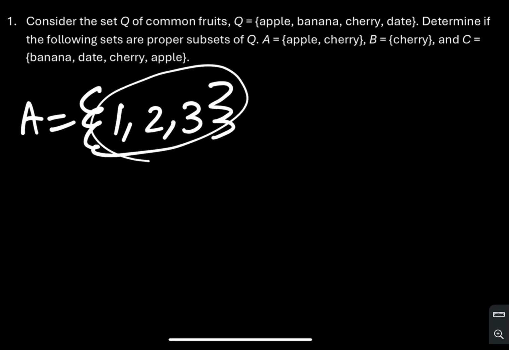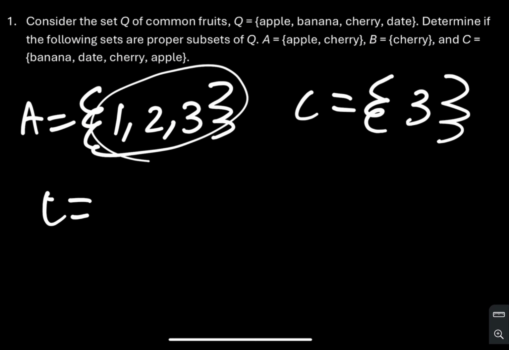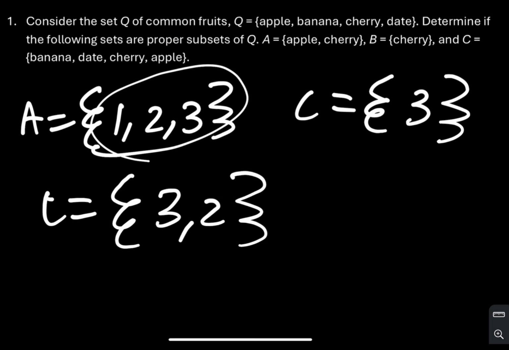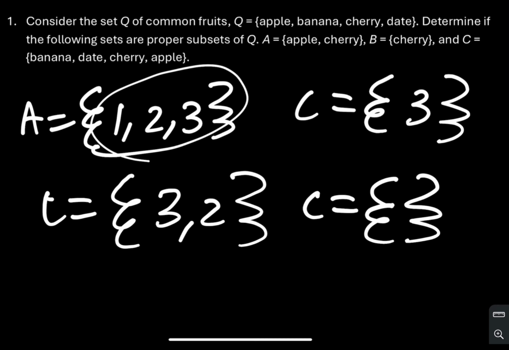It can have elements like, we'll say C is a proper subset. C can have a 3 in there. C can have a 3 and a 2 in there. But C can't have exactly 1, 2, and 3. It can't be the same exact set. C can still have the empty set, but just not exactly the same as set A.